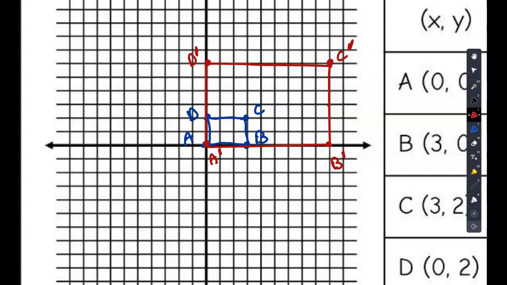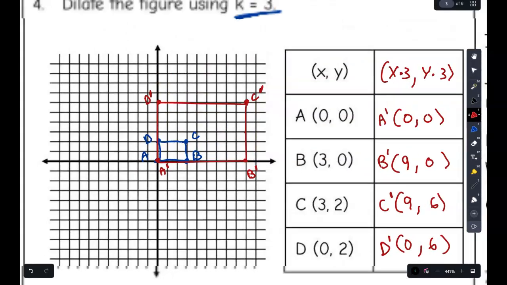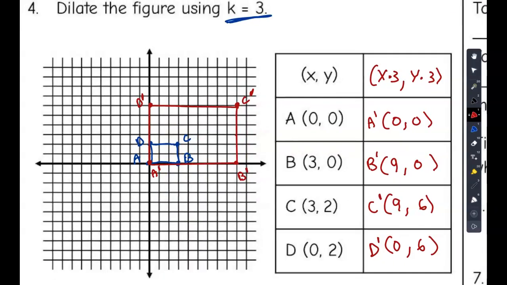All right, and there you go. That is dilation. So we did a line, we did a triangle, and now we did a quadrilateral.